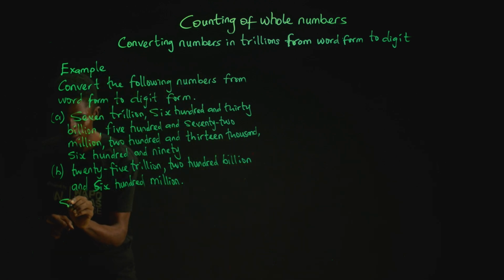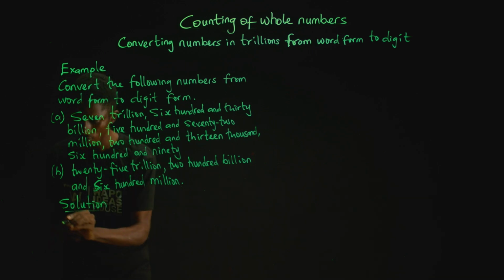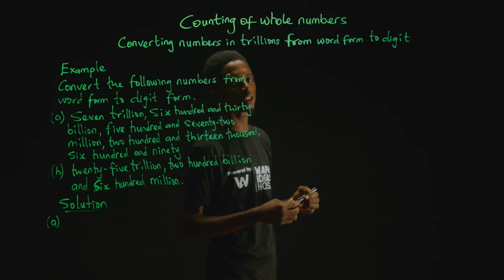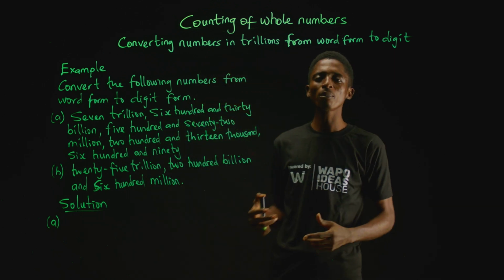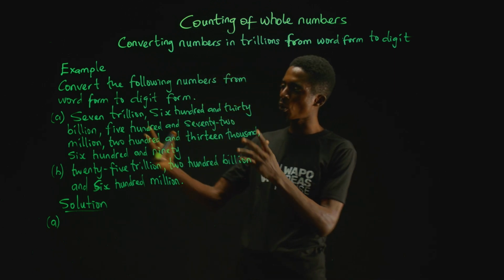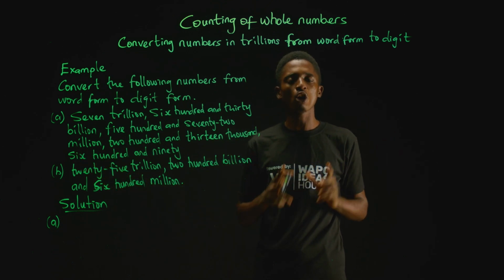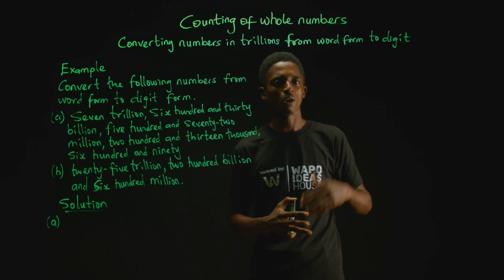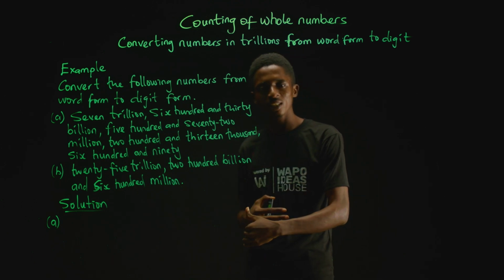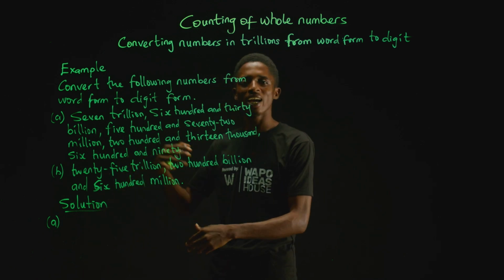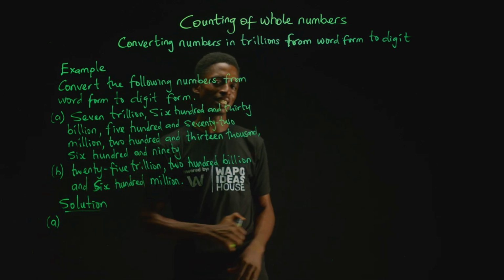Let's do that. Solution. A. First thing you need to note is that when numbers are written in word form, they are first grouped in 3 groups according to their place value, from ones to thousands to millions to billions and then trillion, like in this case.